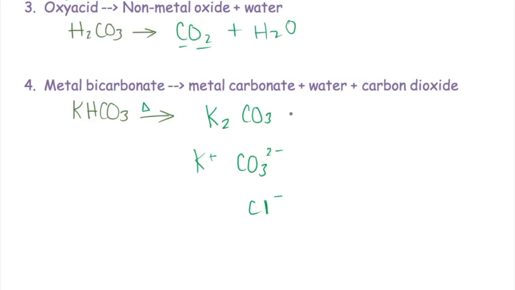So potassium carbonate plus water plus carbon dioxide. Now let's see. 1 potassium, 2 potassium. So let's put a 2 here for now. We have 2 hydrogens. We have 2 hydrogens. Works out. How many carbons? 2 carbons. We have 1, 2 here. Great. 6 oxygens. So we have 3 here, 2 here, and 1 here. So that's 6. Perfect. It is balanced.